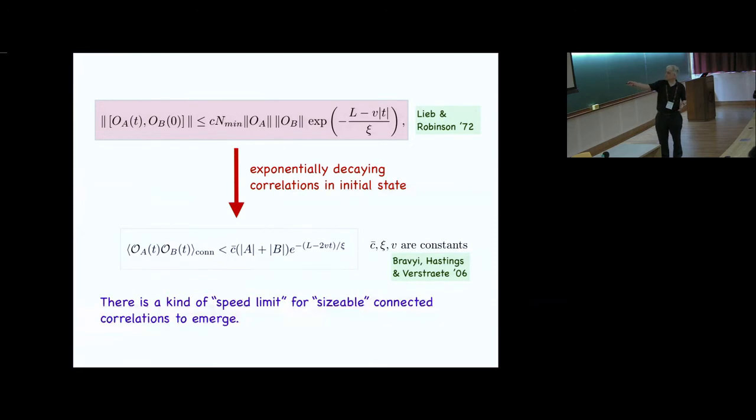So there is a kind of speed limit for sizable correlations to emerge after quantum quenches. And unlike the qualitative pictures I was discussing before, this is rigorous. That's a bound.